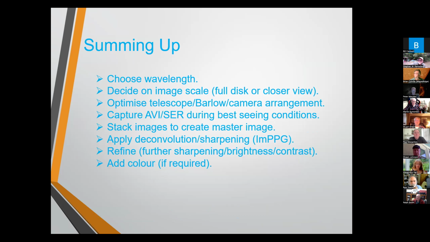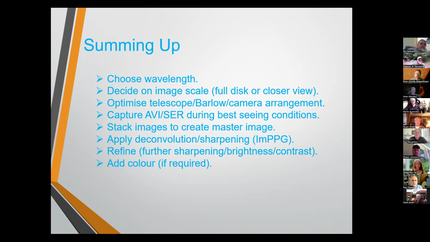So decide on image scale, whether you're doing a full disc or close-up view, and again, emphasizing, optimize the telescope, the Barlow, the camera arrangement, number of pixels. Make sure you don't undersample. Always work out the critical sampling for your arrangement and optimize.